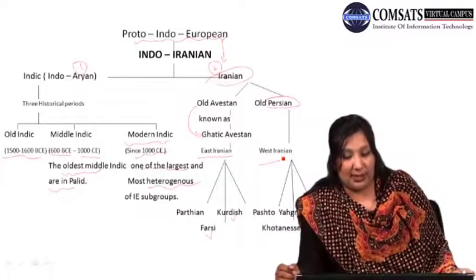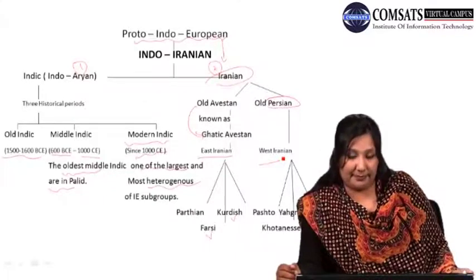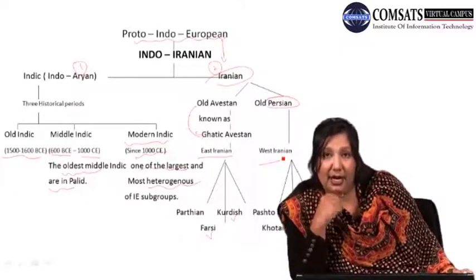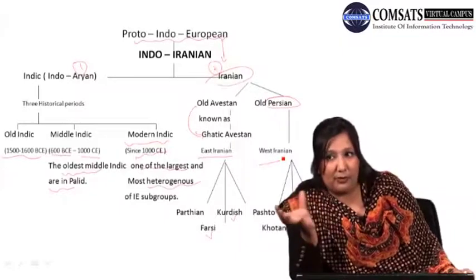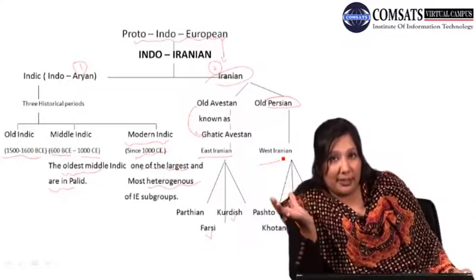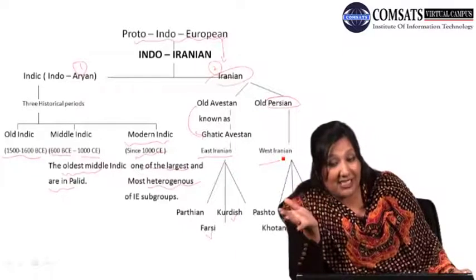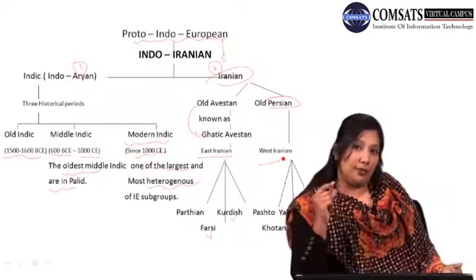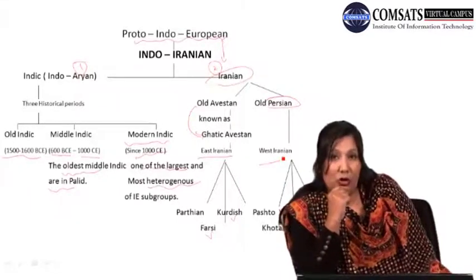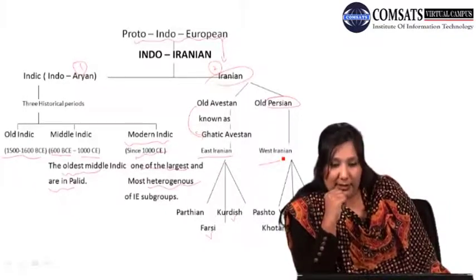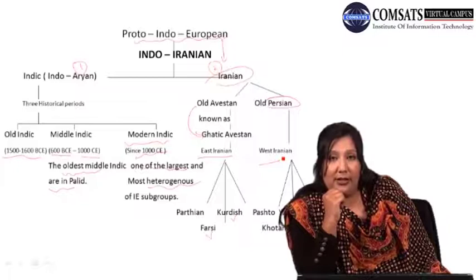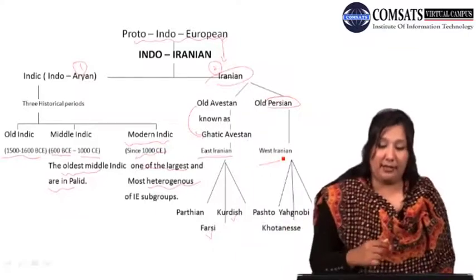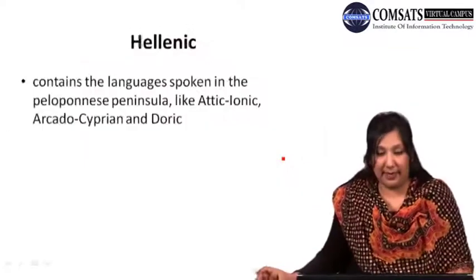It is really very interesting that our own language, Pashto, the language of our own area, our own region, has been derived from the West Iranian branch of the tree, and this West Iranian was a descendant of the Iranian branch in the Indo-Iranian family. So these are very interesting facts that we are discovering today.